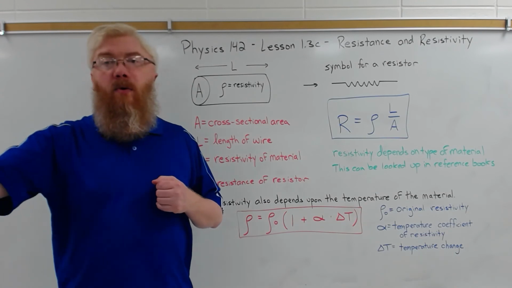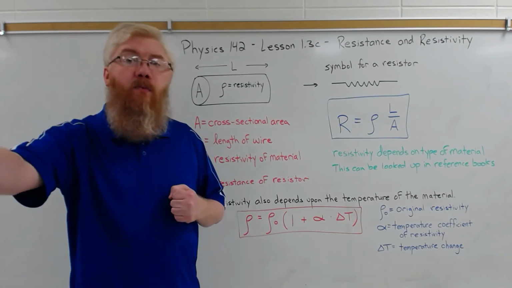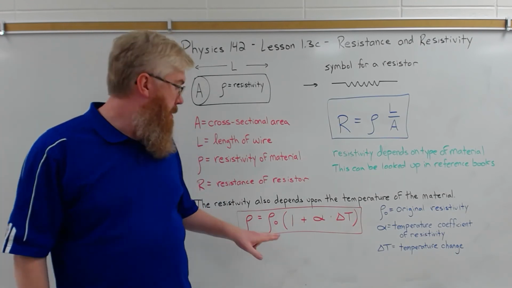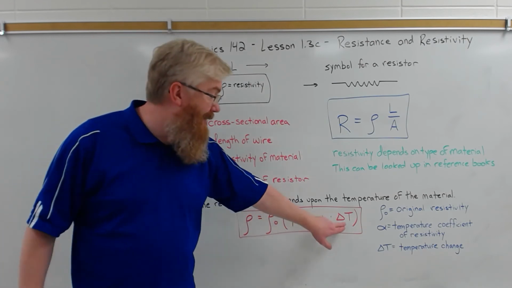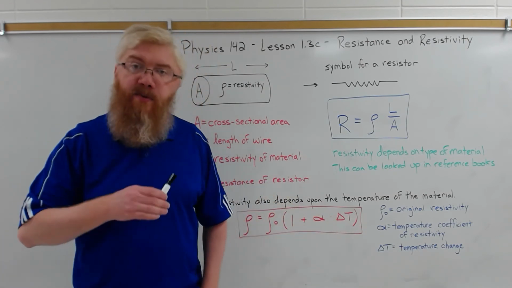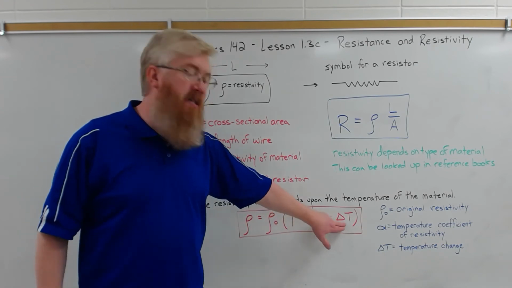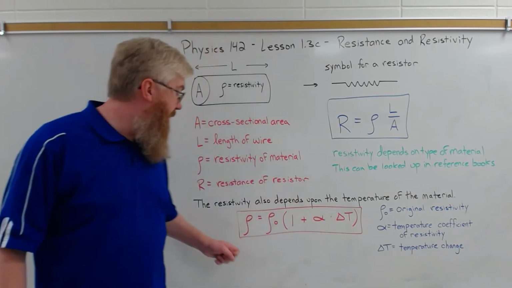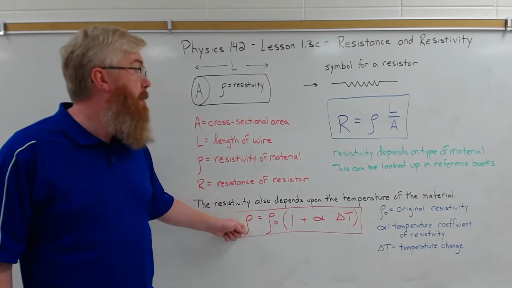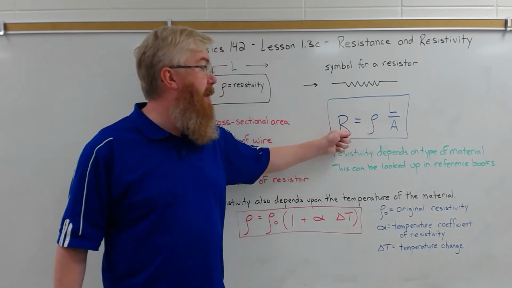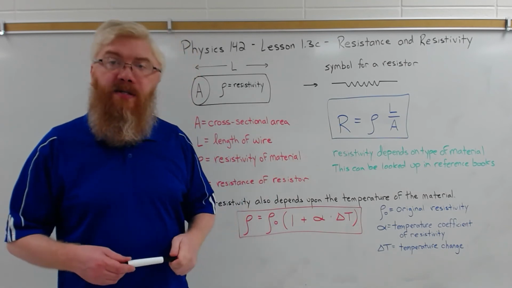Well, you're at 100 degrees Celsius. Originally, the temperature was at 25 degrees Celsius, so the delta T here is 75, right? The difference between those two. So you would plug in 75 degrees Celsius, figure out what the new resistivity of the material is at that higher temperature, plug that in here to get the value for that resistor.